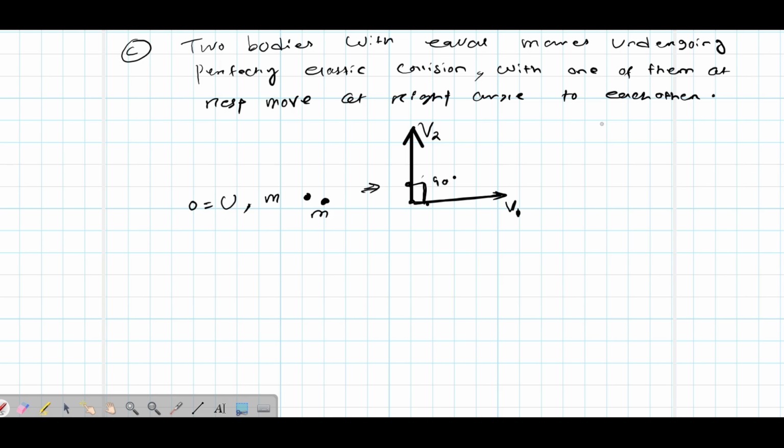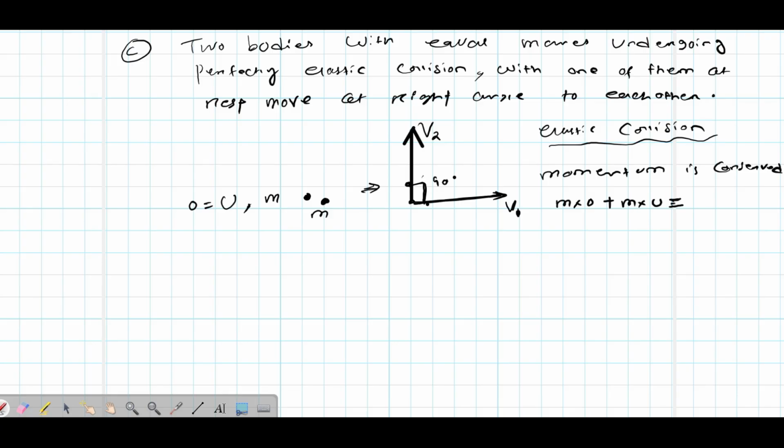As this is elastic collision, momentum is conserved. As momentum is conserved, m into 0 plus m into u equals m into (v1 plus v2).